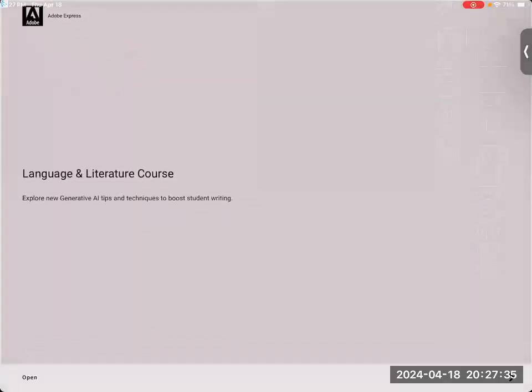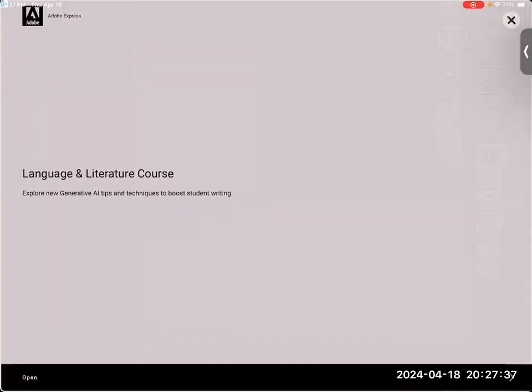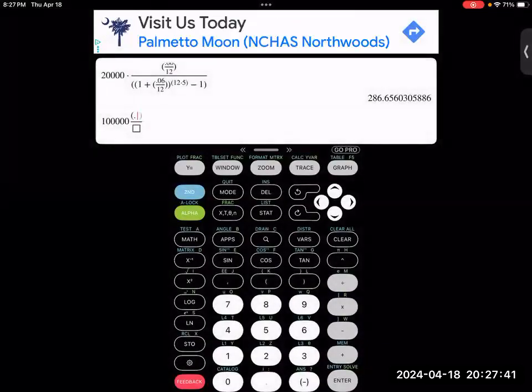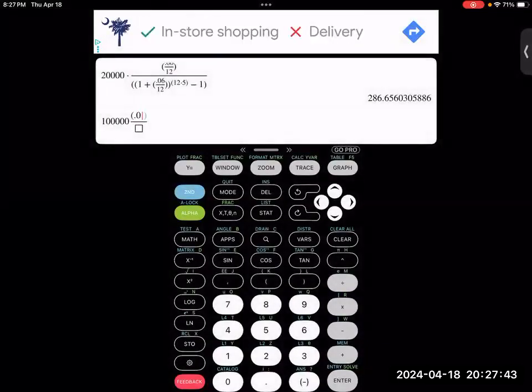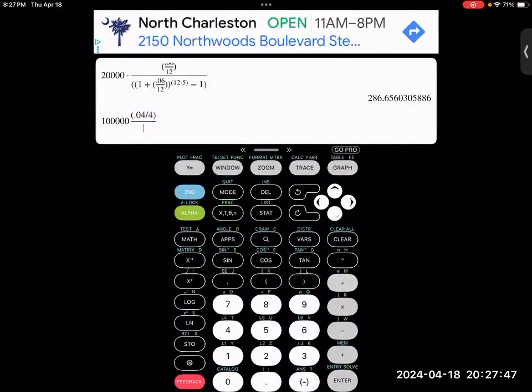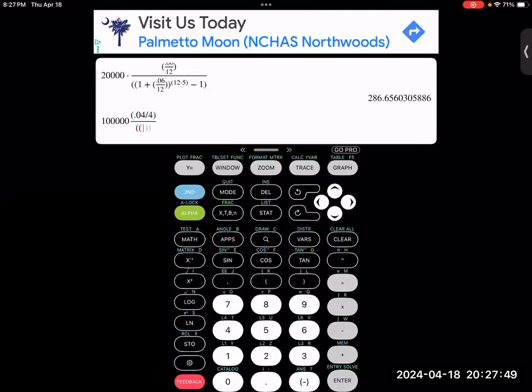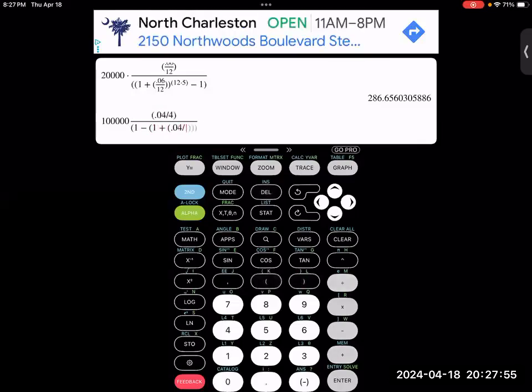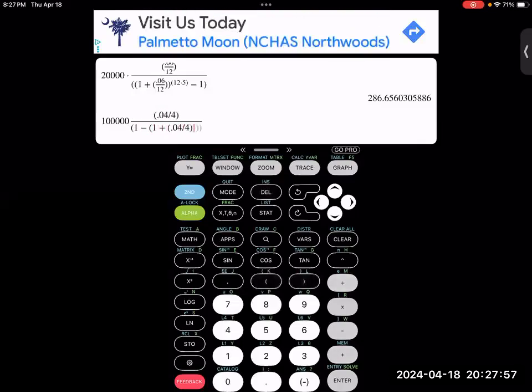What I hate about this is that it adds on this thing. 0.04, divided by 4. Let's see, 1 minus 1 plus 0.04 divided by 4. I'm going to double check before I hit the enter button.